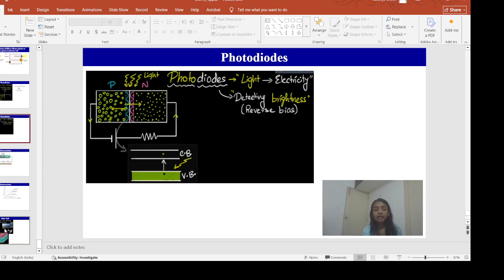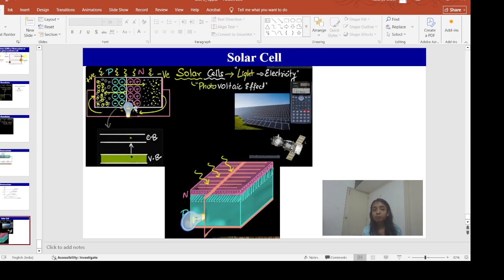Next, in the solar cell, we are also not using any biasing. This PN junction diode, this device itself acts like a battery. So whenever we are shining light in this depletion region, these electrons and holes are getting swept away.